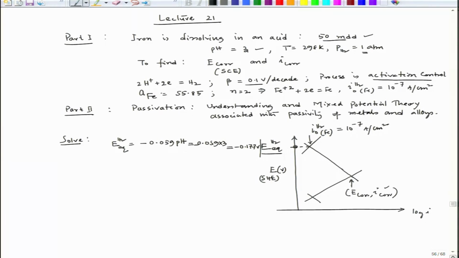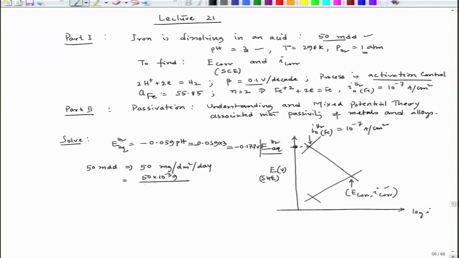This is the value that is given, 50 mdd, which is nothing but 50 milligram per decimeter square per day. So, I can convert this into gram, and decimeter can be converted into centimeter square.